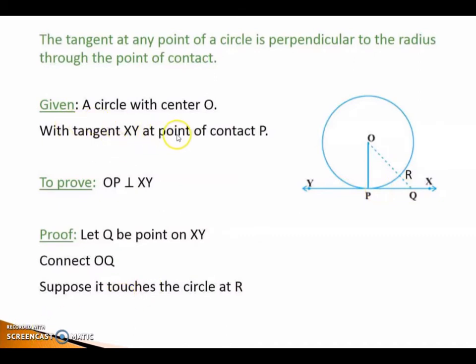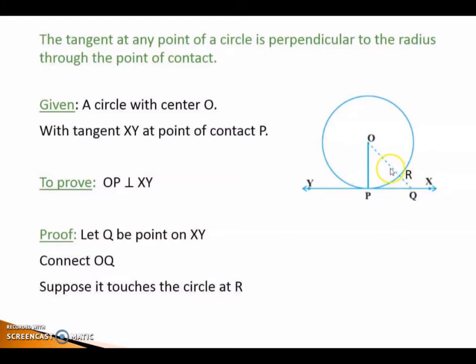So given is a circle with center O with XY tangent at point of contact P. To prove: OP is perpendicular to XY. So let Q be a point on XY and we will join OQ.